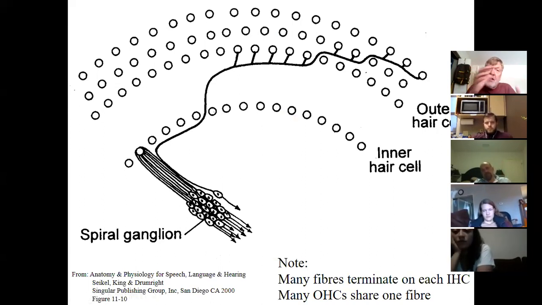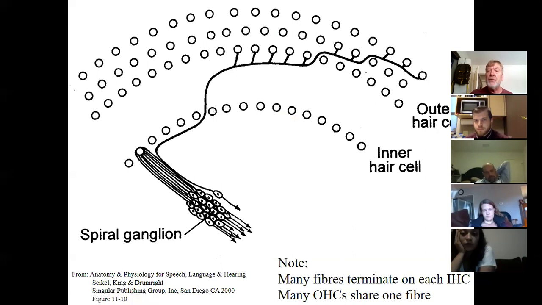So when you think eighth nerve, what's it connected to? Almost all of it's connected to the inner hair cells. Outer hair cells have a different innervation pattern. Okay? Outer hair cells are totally different.